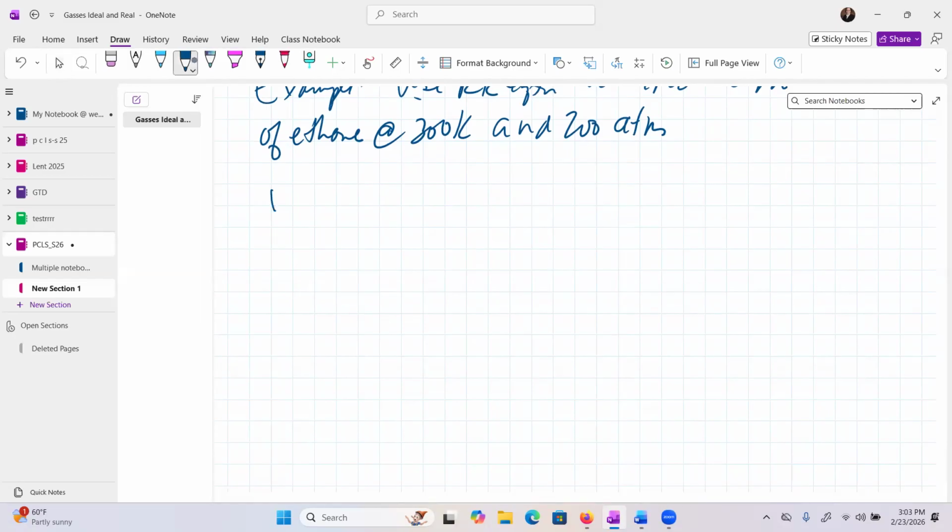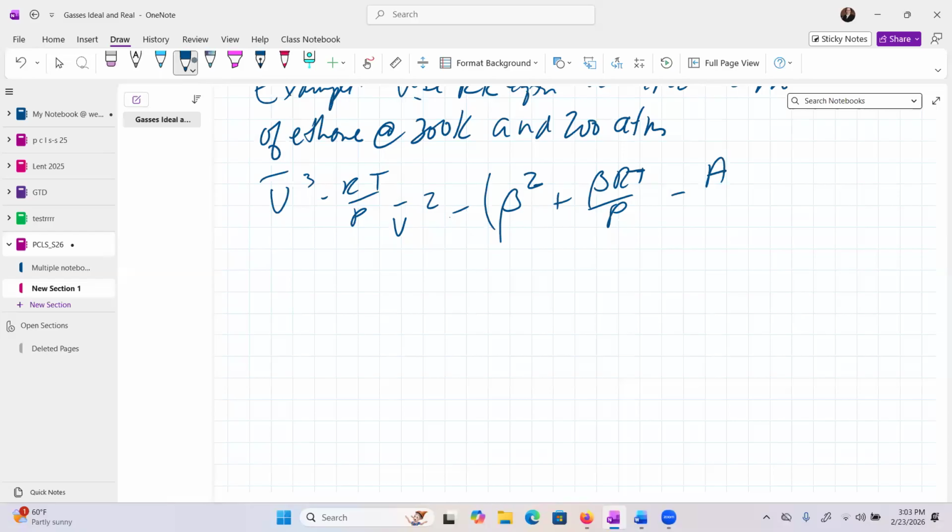So we get V bar cubed minus RT over P, V bar squared minus beta squared plus beta T, P minus A over T to the 1/2 power, square root of T times P, times V bar minus AB over T to the 1/2 P equals 0.